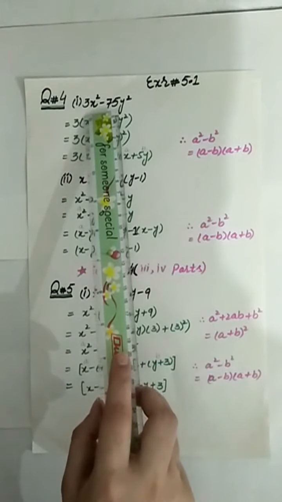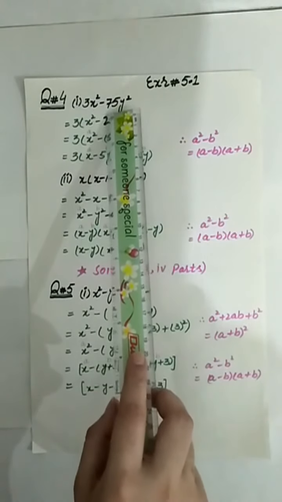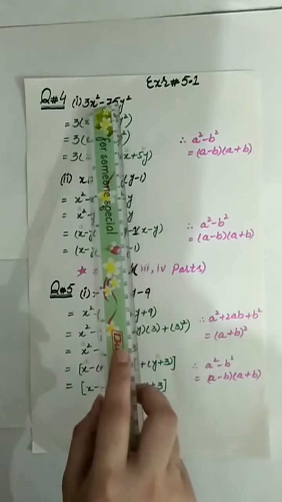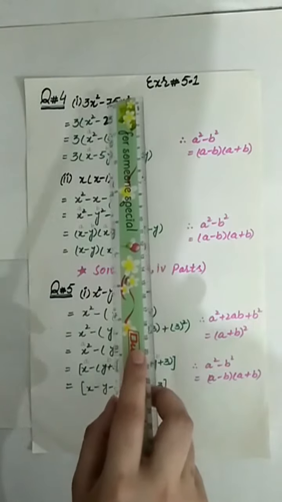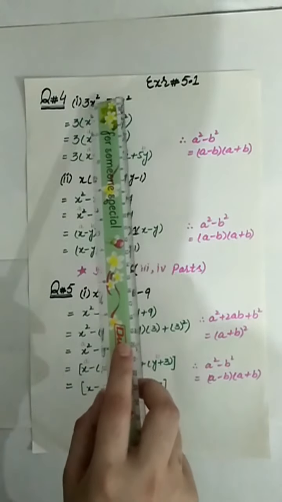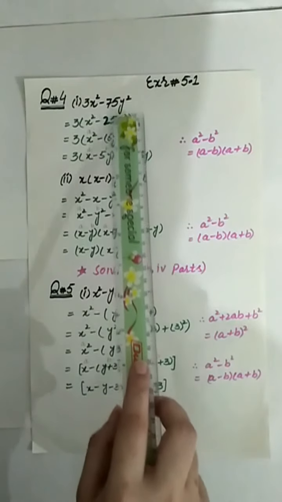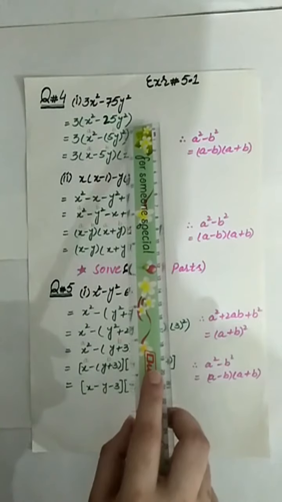As this 3x square is completely divisible by 3 and this 75y square is completely divisible by 3, and except this 3, there is no common value. So we will take 3 as a common, so we will write it as 3 into x square minus 25, 3 25 is a 75y square.